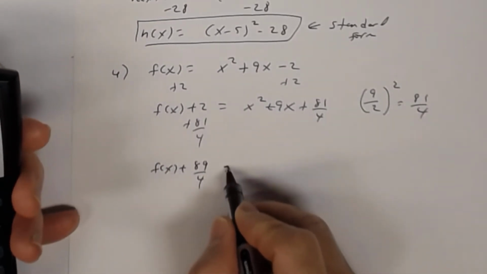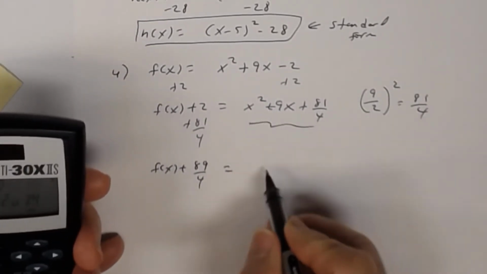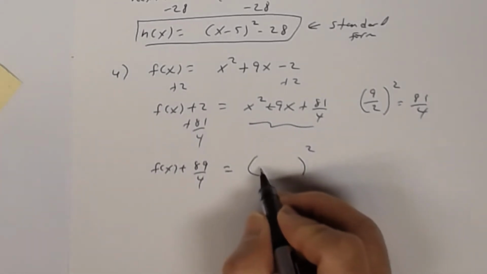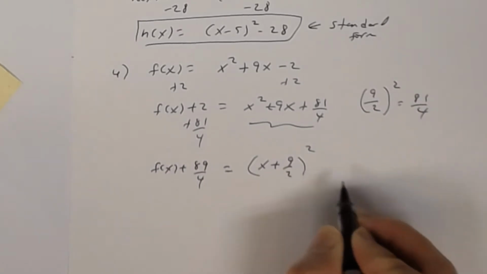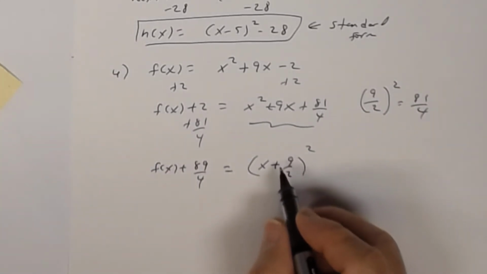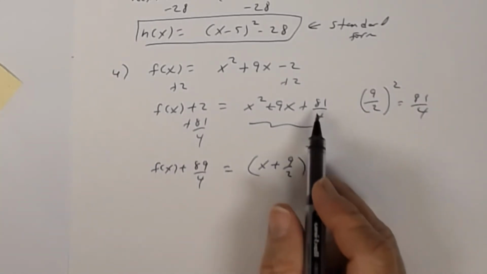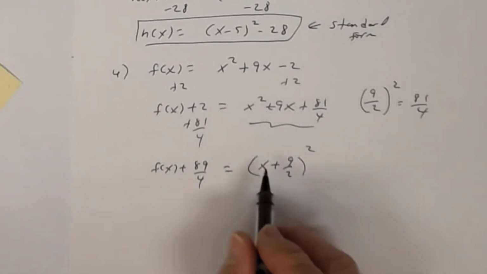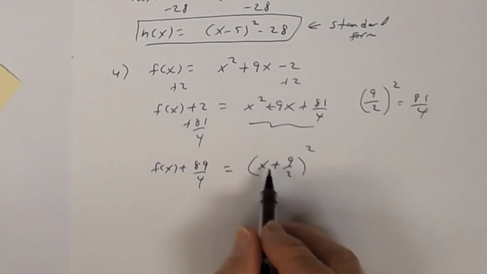And now over here, this should be a perfect square trinomial. So you just have to factor this. When you factor this, you're going to get x plus 9/2 squared. It makes sense because 9/2 times itself is 81/4. Remember, it's a binomial squared.